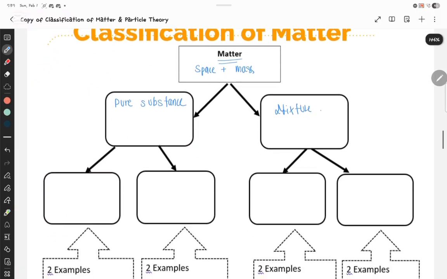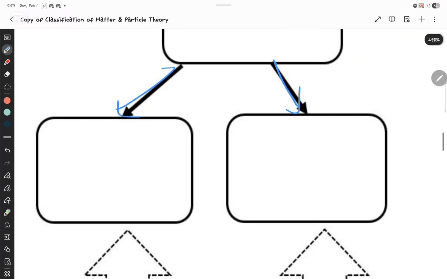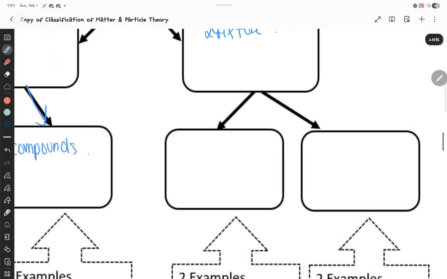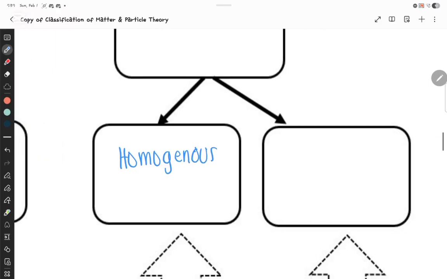A pure substance branches off into two different types of pure substances, which are elements and compounds. And mixtures branch off into two different types of mixtures: homogeneous mixtures and heterogeneous mixtures.